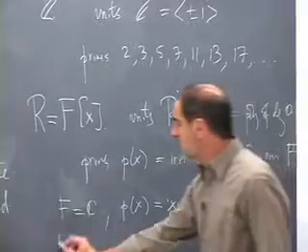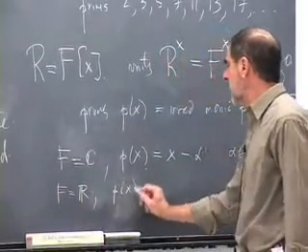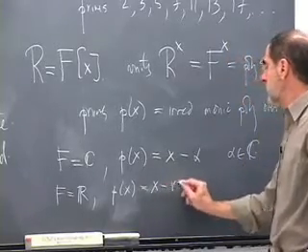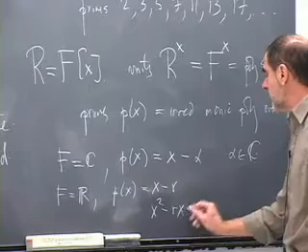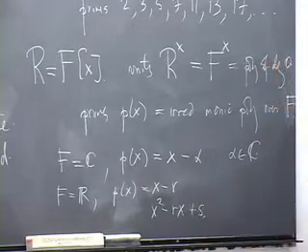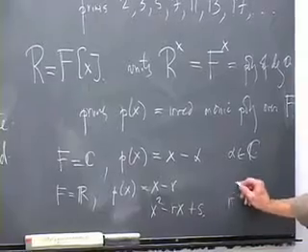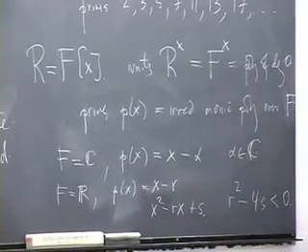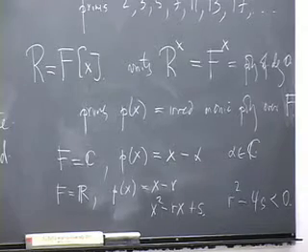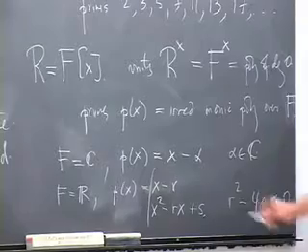For F equal to the reals, the irreducible polynomials either look like x minus a real number, or they look like x squared minus rx plus s, where this is a quadratic polynomial which has no roots, namely r squared minus 4s is less than 0 by the quadratic formula. So there are two different types of primes, of degree 1 and degree 2.